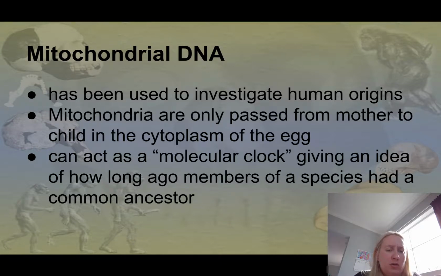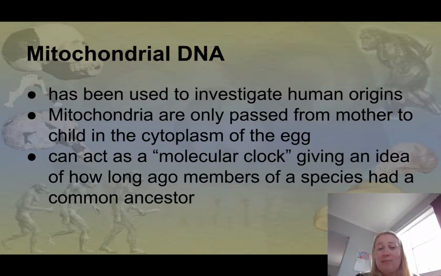So mitochondria are only passed from the mother to the child in the cytoplasm of the eggs. So your mitochondrial DNA is passed down your maternal line. You don't get any mitochondria from your father. The mitochondria are found in the sperm, but in the tail of the sperm, and they're not put into the egg. Only the DNA from your father is put in.